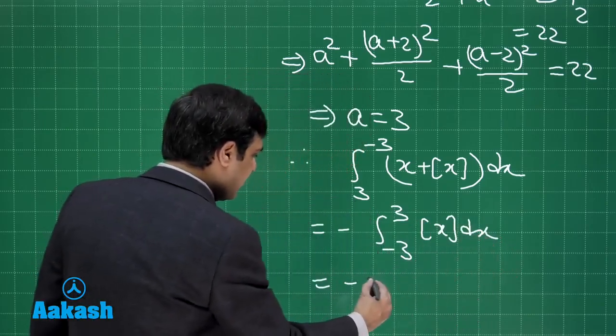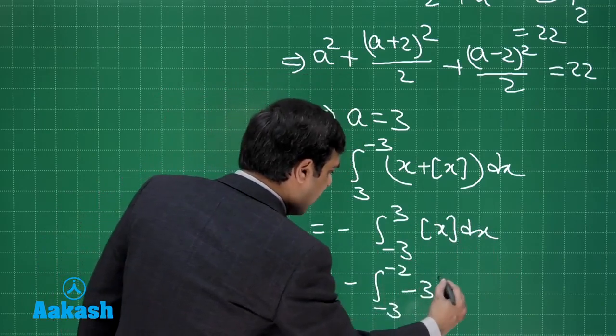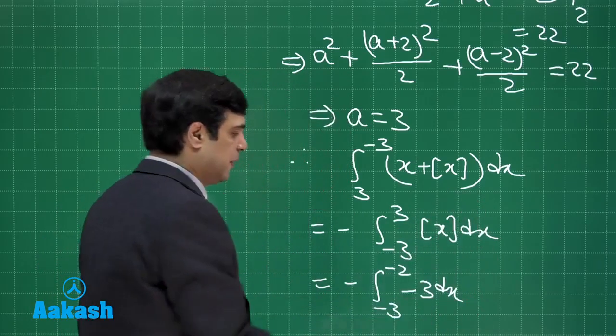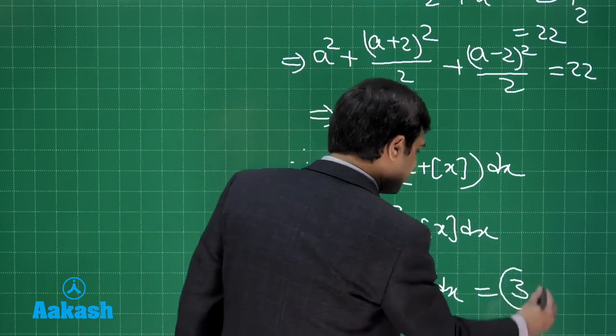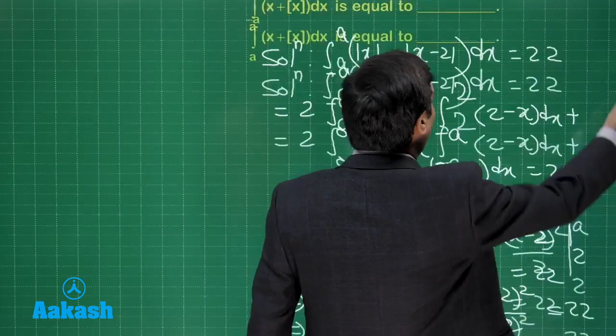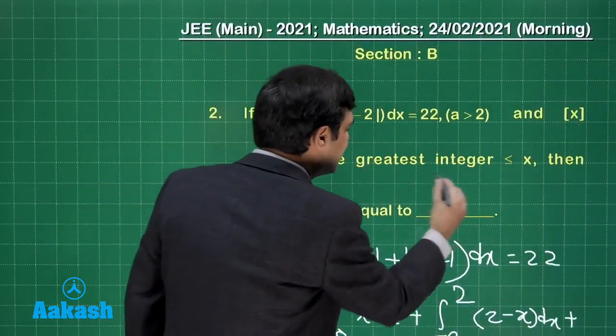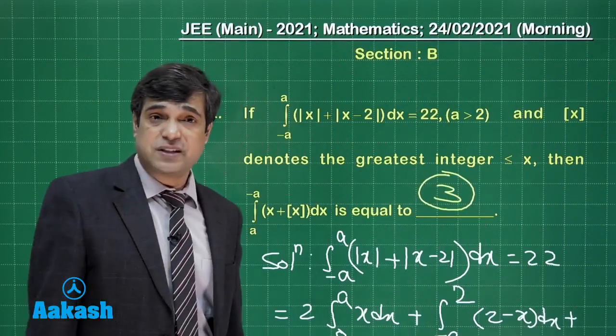Just break it in the intervals. You can say minus 3 to minus 2 is minus 3 dx, and the rest terms will be cancelled, giving you the result simply as 3. Now time to write the required final answer here. The question was asking for the value of this one, so obviously this is coming as 3. I'm sure this is also clear.